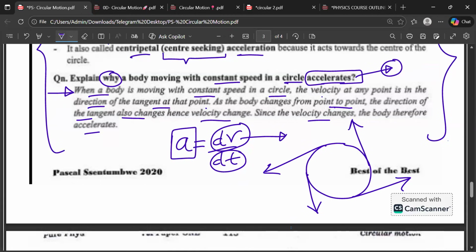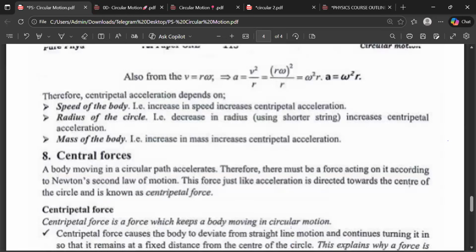So a change in velocity simply signifies a change in what? In acceleration. As simple as that. In case you're lost, raise up your hand, or write it in the chat. Ben or any other person is my chat secretary. They can read it out so that we save time.